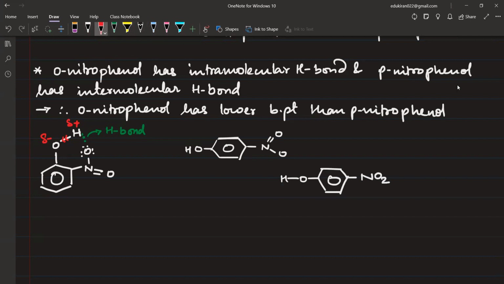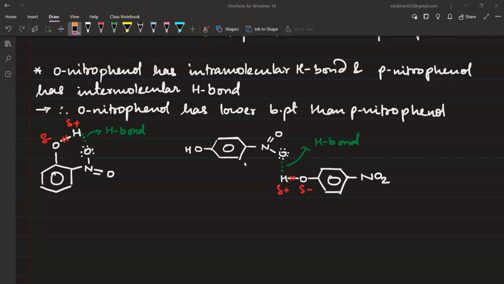Now again, there will be electron density pulling from the oxygen atom, delta negative. This will be delta positive. An oxygen atom with its lone pair electrons will be able to interact with the delta positive charge like this. This is the hydrogen bond. Now please understand, the hydrogen bond in the p-nitrophenol structure is from one molecule to the other molecule. Then again, this NO2 will have a hydrogen bond with another OH. This OH will have another hydrogen bond with another NO2 of another molecule. So like this, we have intermolecular attraction.